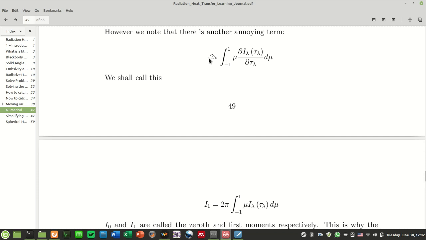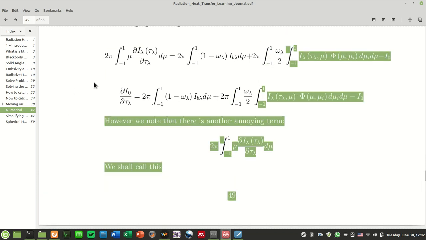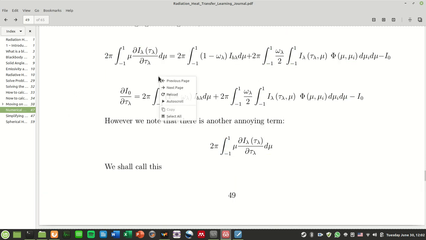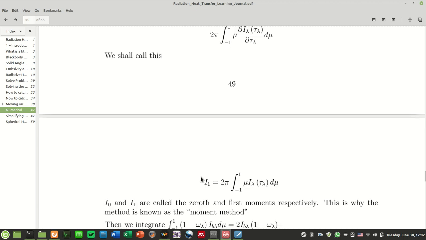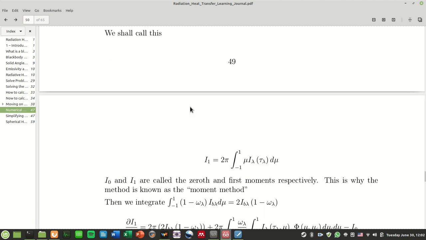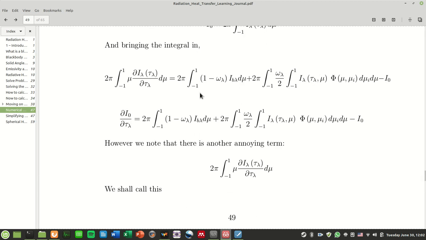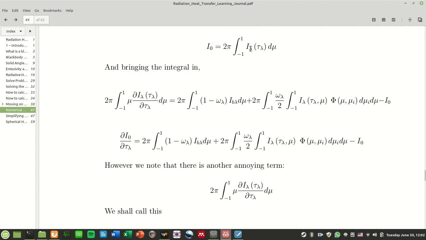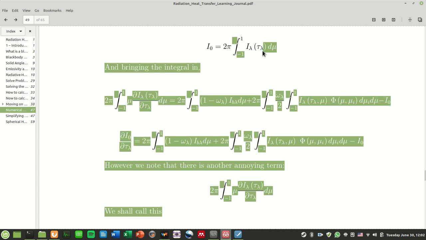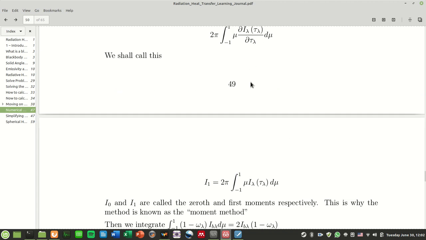We have this annoying term over here, this 2 pi term. We need to introduce a new term to help us deal with it. We'll call this I1. I1 is very similar to I0. I0 is this integral term, except now that we have the mu inside. Whatever power of mu is on the inside will be the index.